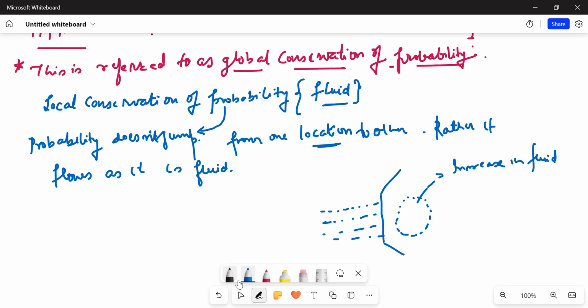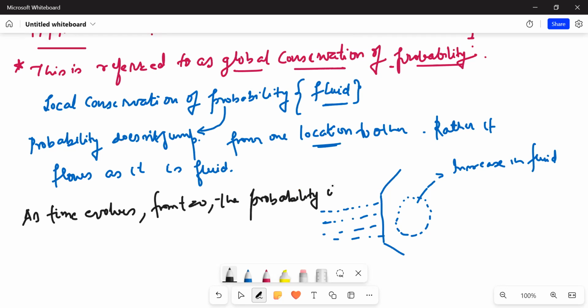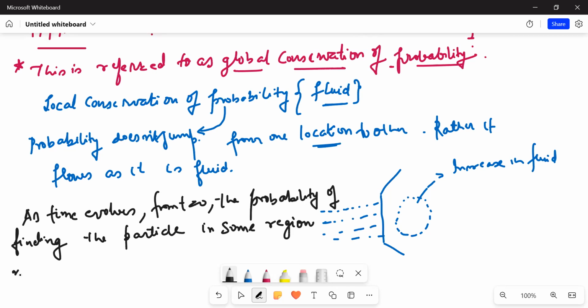I will write it here so that you get the point. As time evolves from, let's say, t equal to 0, the probability of finding the particle in some region may increase or decrease, but total probability remains constant.